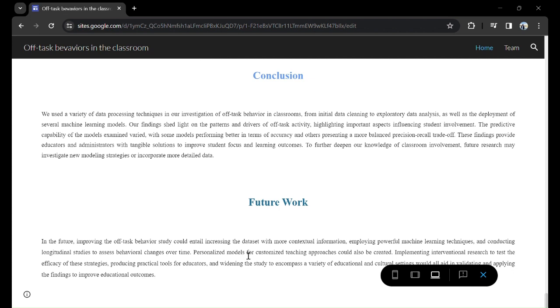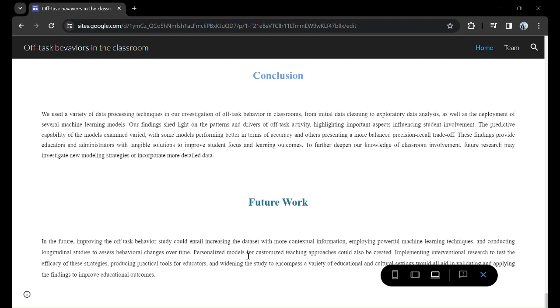The models under examination, exhibiting various degrees of power, provide educators and administrators practical ways to enhance learning outcomes and student focus. To advance the research on class involvement, new modeling strategies should be investigated or more data should be included.